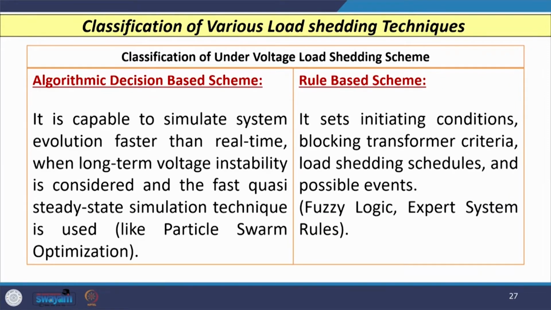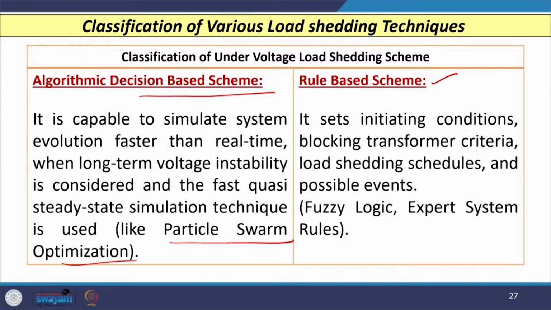The next type of classification is the algorithm decision based scheme, and the other one is the rule based scheme. So, the algorithm decision based scheme is capable of simulating system evolution faster than real time when long term voltage instability is considered, and a fast quasi steady state simulation technique is used, like the particle swarm optimization technique.